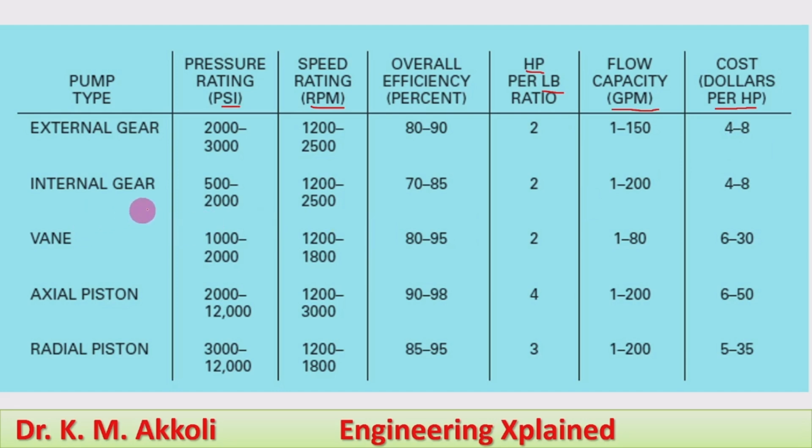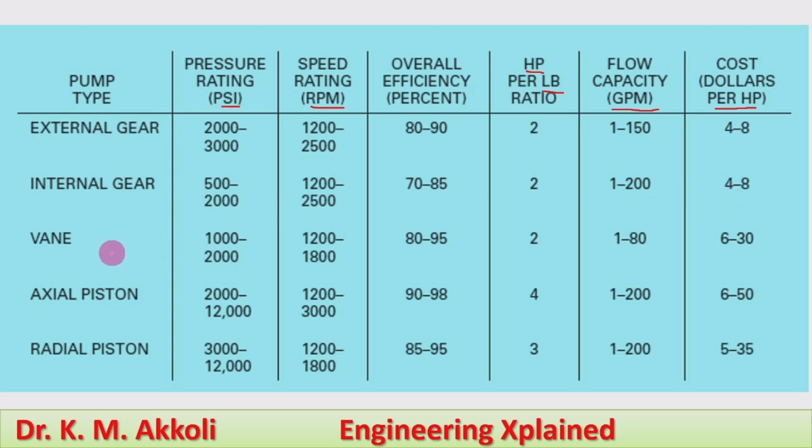The next, internal gear pump: the pressure rating is less, that is 500 to 2000, and the speed rating is almost the same as the external gear pump, 1200 to 2500. Its efficiency is less, 70 to 85%, and the hp to lb ratio is 2, again the same. Its flow capacity will be somewhat higher, 1 to 200 gpm, and the cost is the same for the internal gear pump also.